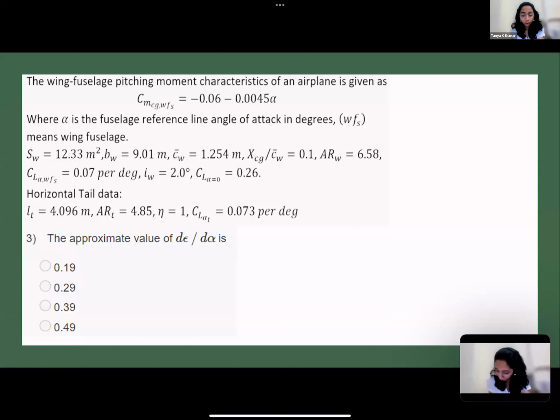Okay. So approximate value of d epsilon by d alpha.